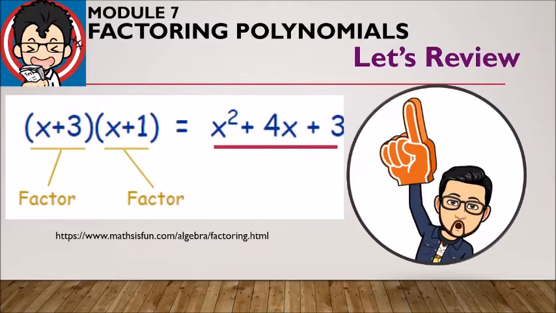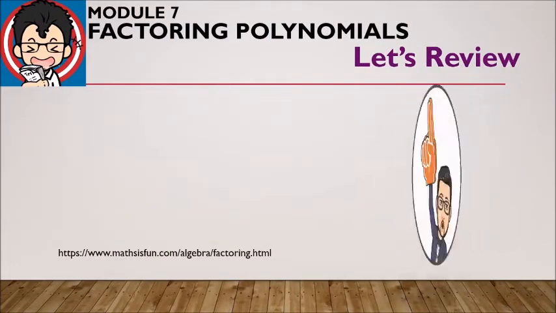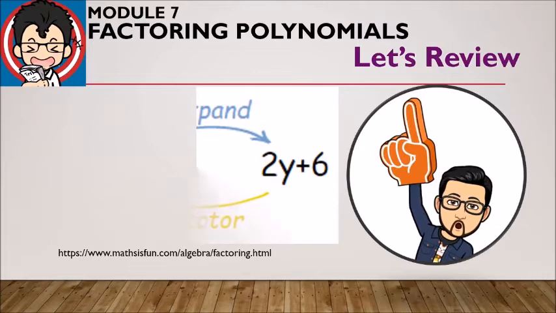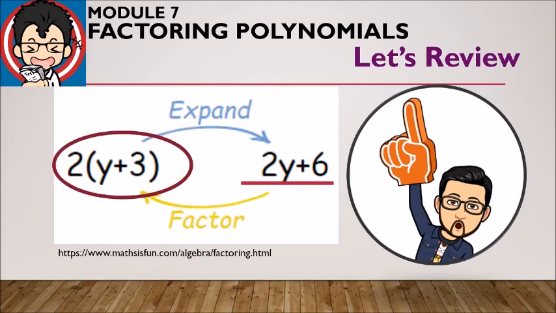X squared plus 4x plus 3, when factored, x plus 3, x plus 1, which are both irreducible. Parang ganito rin. From 2y plus 6, when factored, ayan, we have 2 quantity y plus 3.